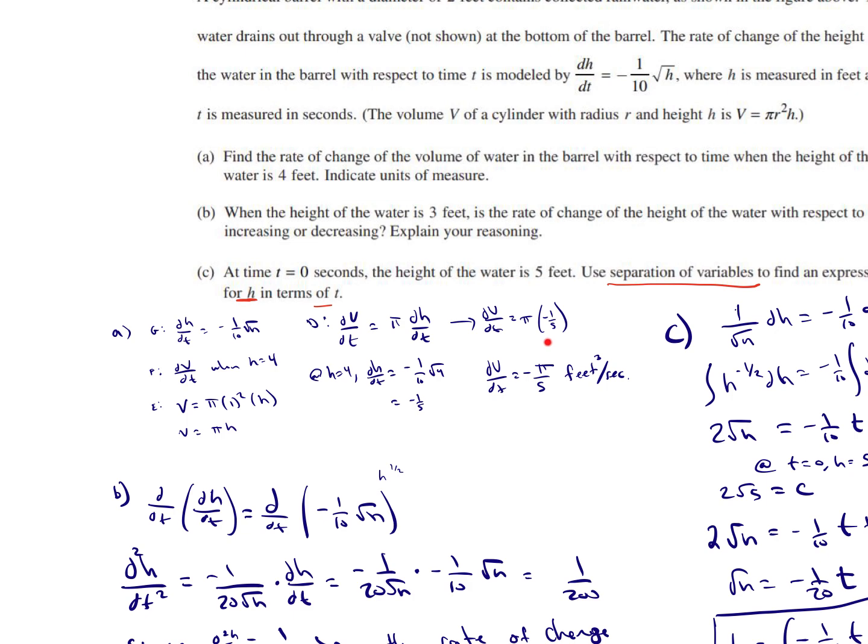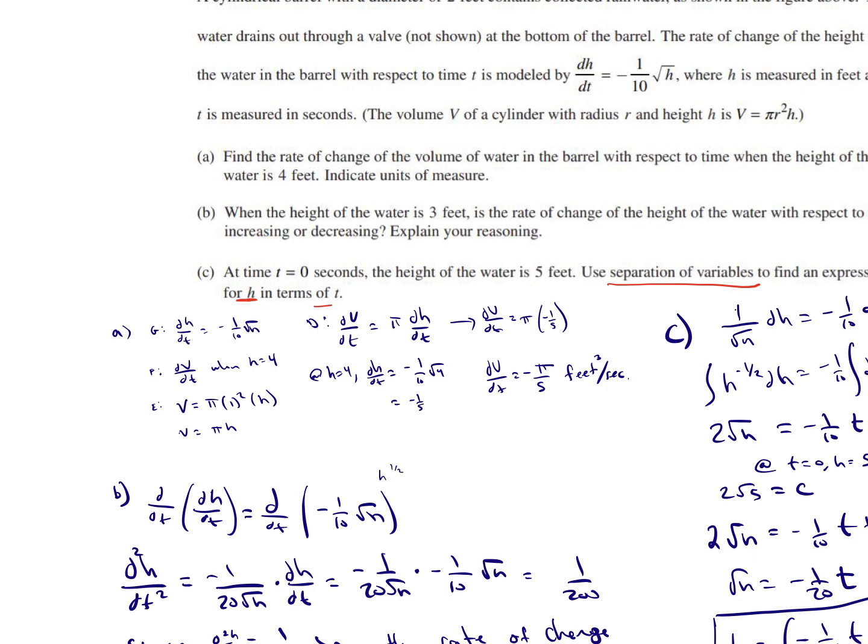We were told dh dt was negative 1/10 root h, and we're finding this when the height of the water is 4, so at this point we can plug in 4 for that. That's where this negative 1/5 comes in. So dv dt equals negative pi over 5.